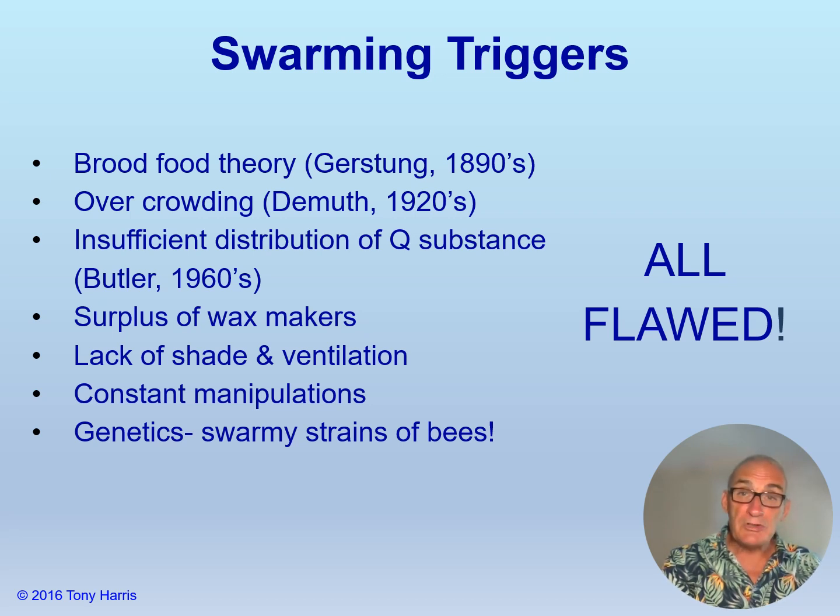You do get swarmy strains of bees, that's for sure, and you can breed a more non-swarmy bee. But swarming is a complex process, and there is no single trigger. Winston, in Biology of the Honeybee, suggests a combination of colony size, brood nest congestion, reduced transmission of queen substance, and resource abundance.